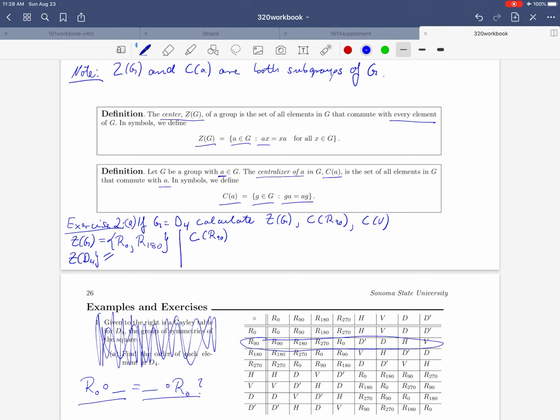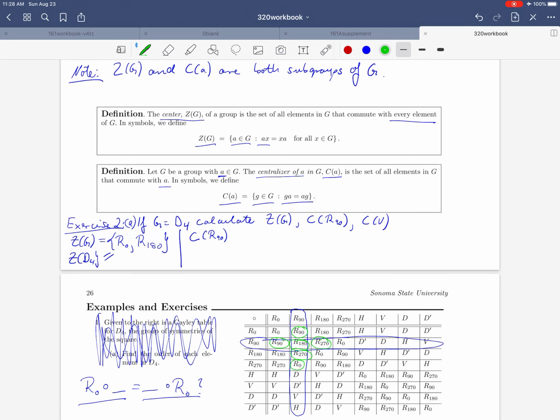R90 and R90. We are looking at the second row and the second column. And we already compared and found that R90 commutes with itself. So it also commutes with R0. It also commutes with R270. We have the symmetry right here.